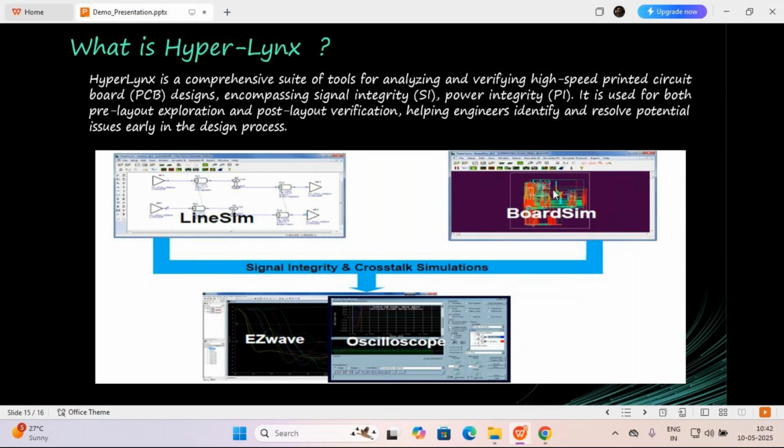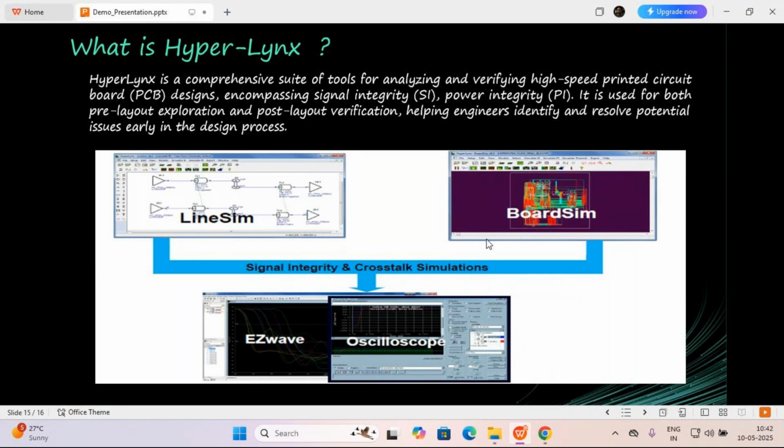So the BoardSim analysis gives you very accurate data as compared to LineSim. LineSim is what you create, but BoardSim works on a layout that is already created. So this is more accurate and gives more precise data, which you require.